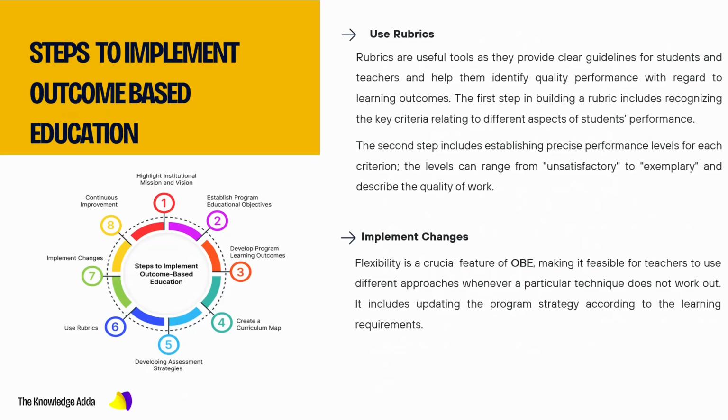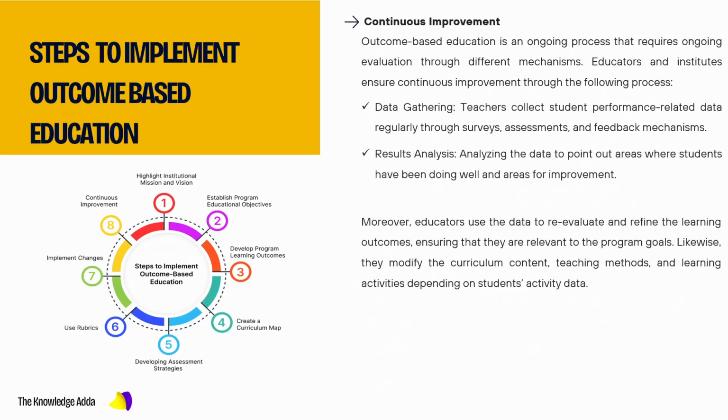Now, implement changes. Flexibility is a crucial feature of outcome-based education, making it feasible for teachers to use different approaches whenever a particular technique does not work out. So the teacher can update themselves and adopt a different type of teaching method. Now the last one is continuous improvement. Outcome-based education is an ongoing process that requires ongoing evaluation through different mechanisms.